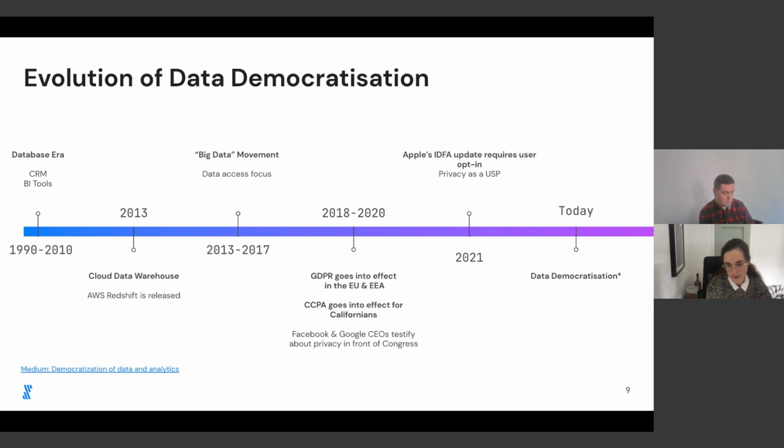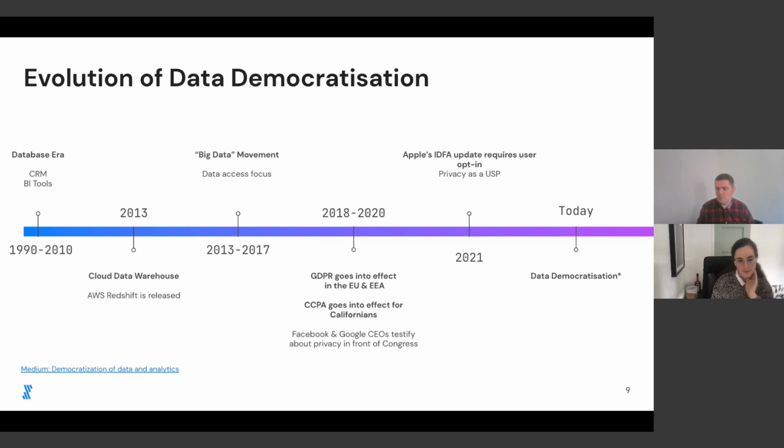Previously, if the data was in one system and you didn't have access to that system, how were you going to analyze that data? A lot of those systems weren't optimized for analyzing data either. So the birth of the cloud data warehouse allowed access to data to come to the fore, and people started talking about being data driven again.